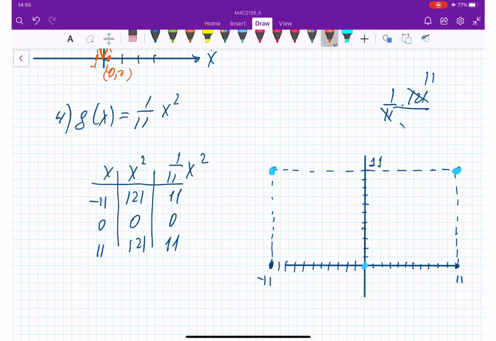We have here negative 11, my y will be positive 11. I have positive 11 as my x, my y will be positive 11. Okay, so to build the graph, it's going to be something like this. It's a parabola, it's not sharp. Here it has to be a smooth turn around. Okay, all right, question number 5.